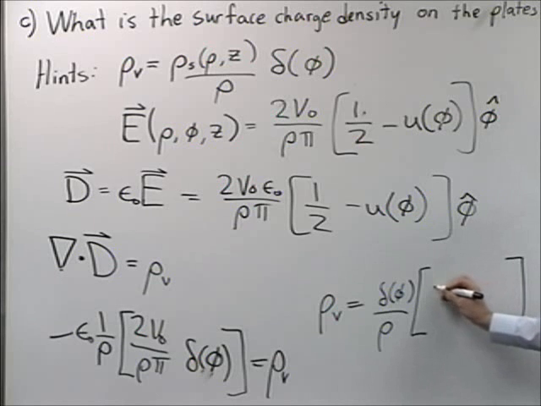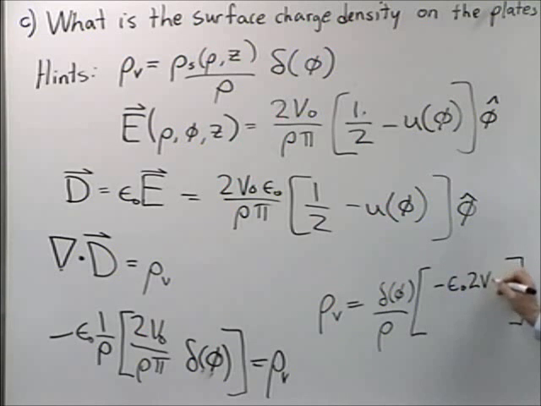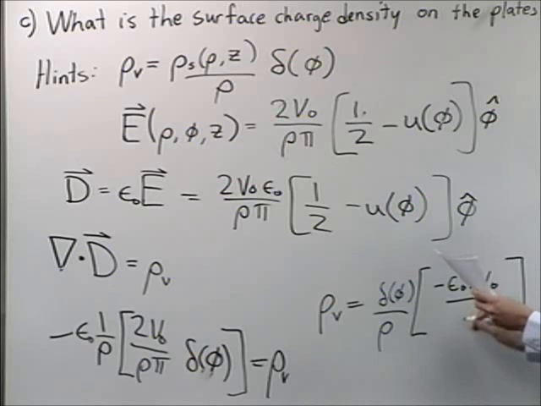So it's going to be minus epsilon naught 2 V naught, and I get a rho squared and a pi in the denominator.